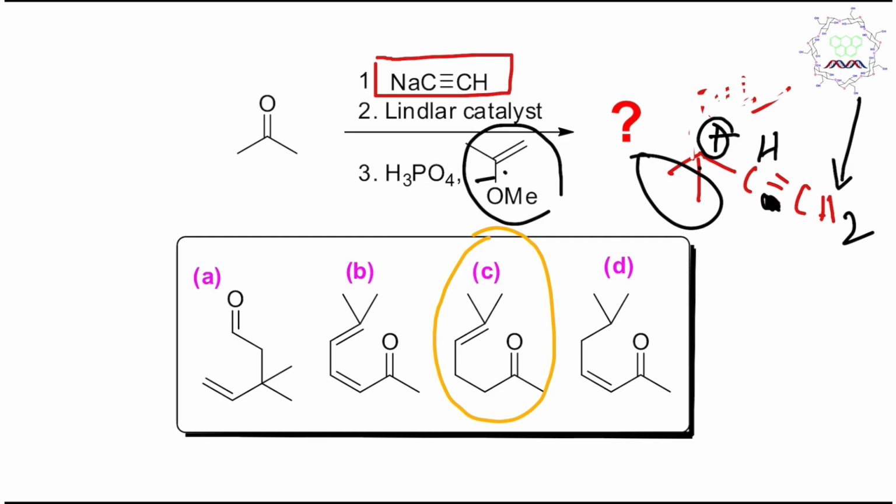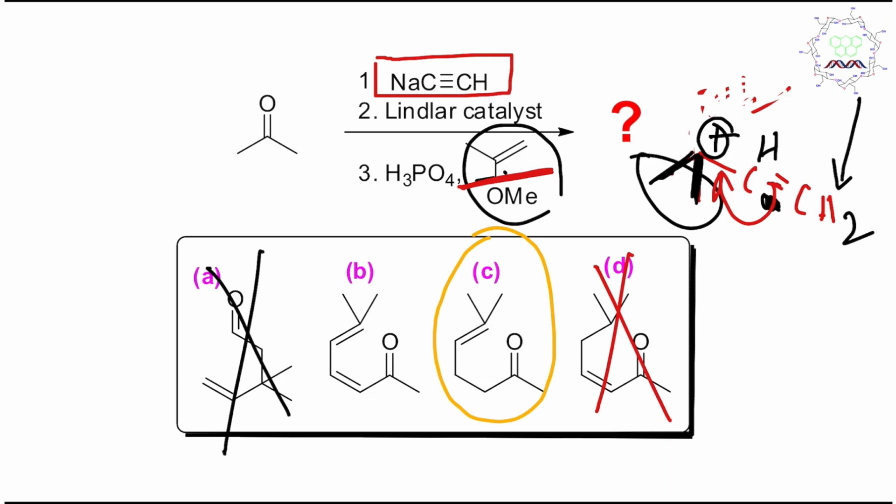Now in this case only one double bond is possible, because this double bond will shift here, and after this it will be a keto, because nucleophilic attack is happening. So only one double bond is possible, so option B is gone.